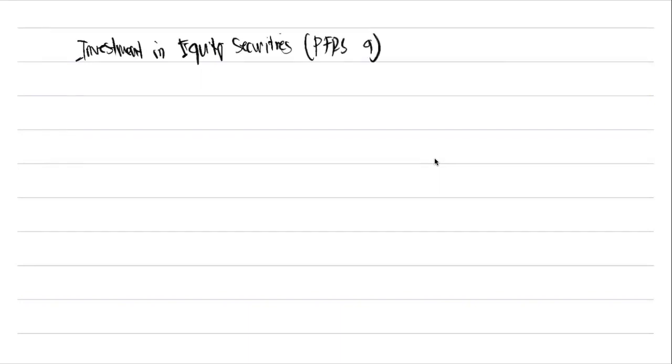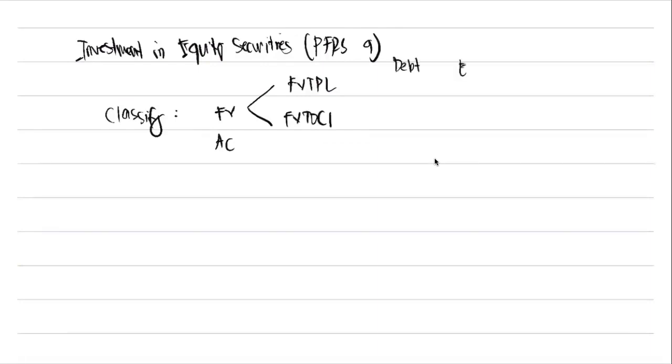For this session, our topic is your investment in equity securities under PFRS 9. Just a quick recap: under PFRS 9, we classify your investments as either fair value or amortized cost. Under fair value, we have FVTPL and FVTOCI. So we have your debt and we have your equity.